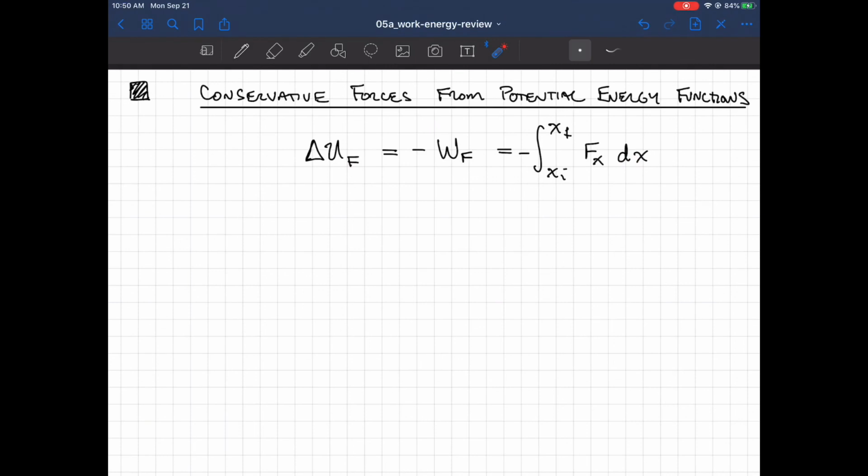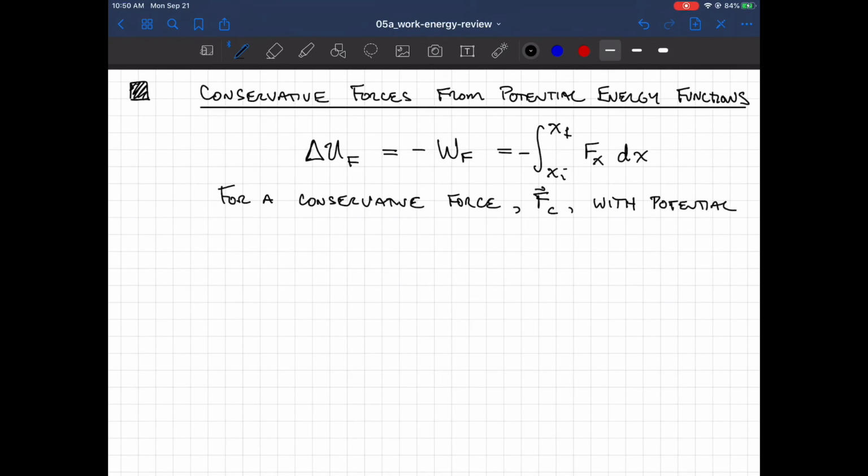Well, it turns out that the opposite is also true, and the statement is that for a conservative force, F, let's call it F conservative, with potential energy function U, and the U depends on position, r, we can write that the force at any point in space is equal to minus the gradient of the potential.